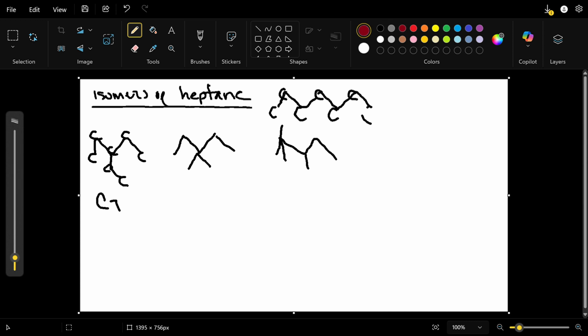And in red, I'll try to show where I'm seeing the hydrogens. I'll just put like a dot. That's 1, 2, 3, 4, 5, 6, 7, 8, 9, 10, 11, 12, 13, 14, 15, 16.